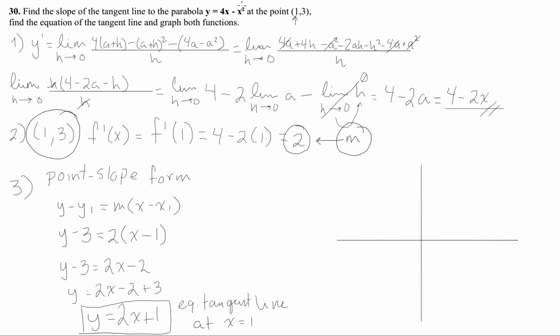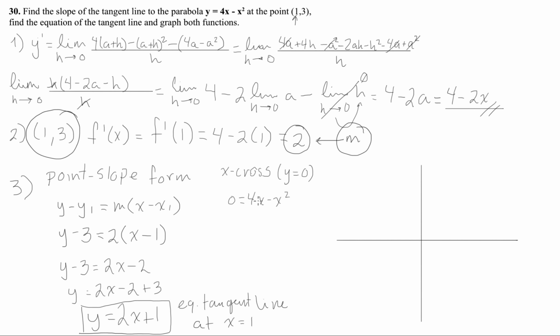So this is opening downwards, and how can I calculate the x-intercepts? For the x-intercepts, that is when y is equal to 0. So if we use the original function, 0 is equal to 4x minus x squared.